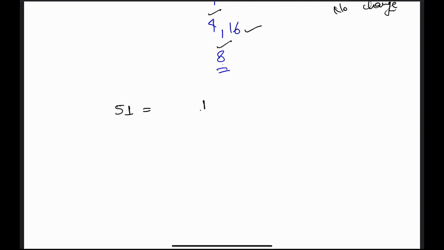So 51, how will it be? Let's take the example: 1, 3, 17 and 51, right?